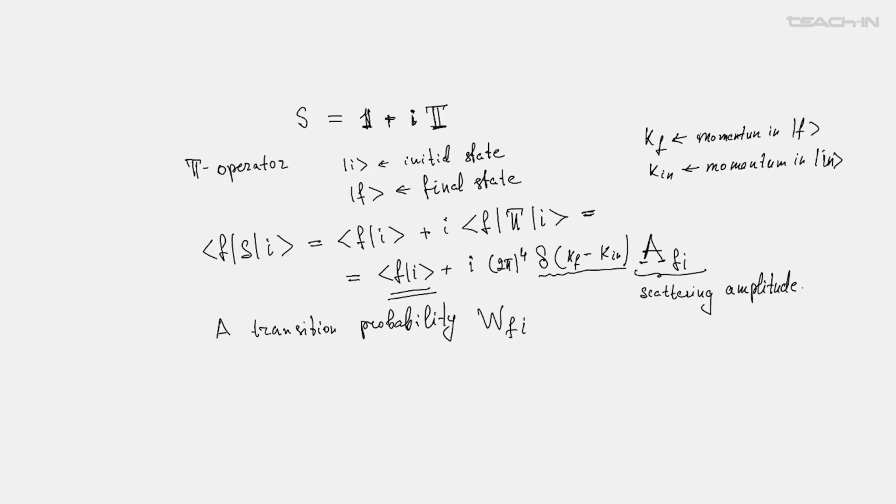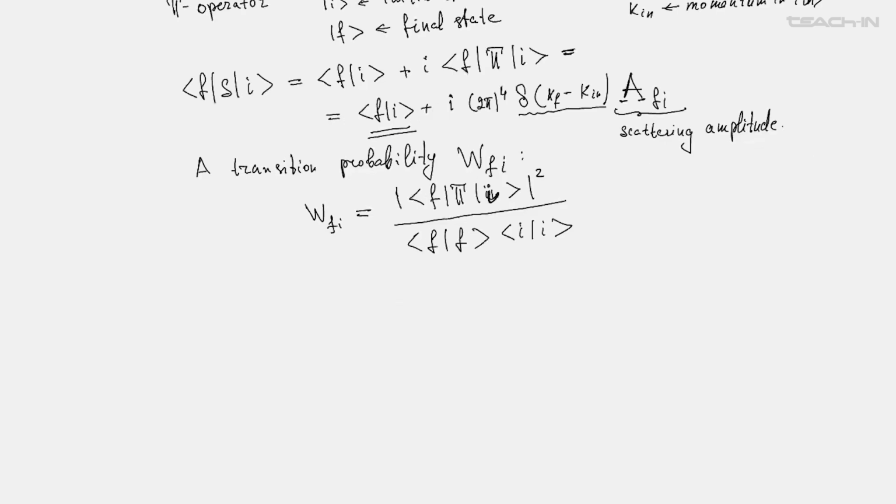So W_FI is the square of the matrix element of our T operator between initial and the final state, divided by the normalization of the final state and the initial state. Defined in this way, this transition probability does not depend on normalizations of the initial and final states.